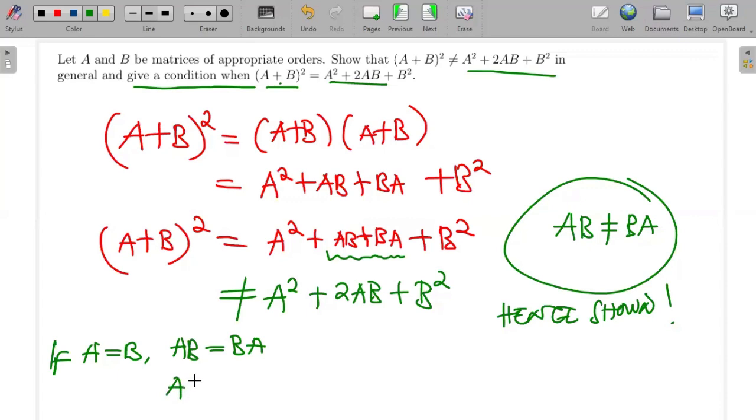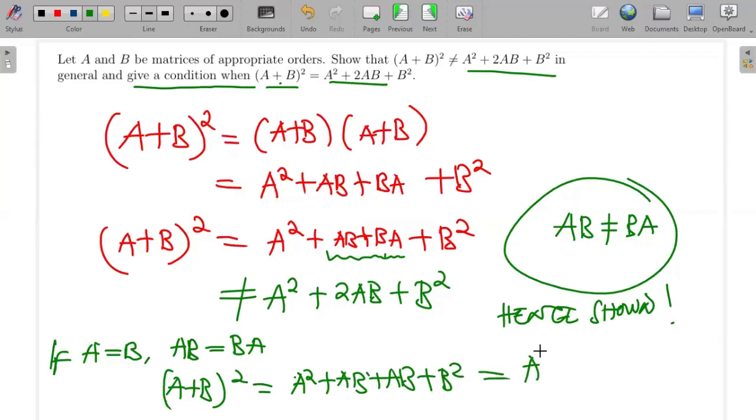So I'm just going to write A plus B squared is equal to A squared plus AB. But remember we said AB is equal to BA. So this BA here, I'll replace it with another AB plus B squared, which will just be equal to A squared plus 2AB plus B squared.